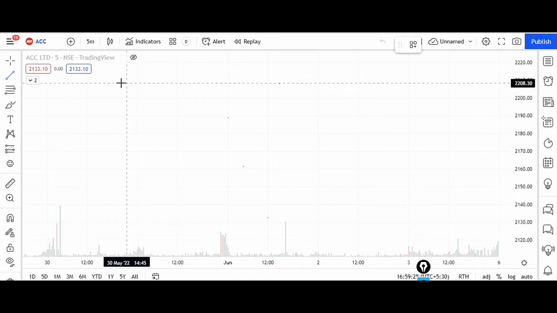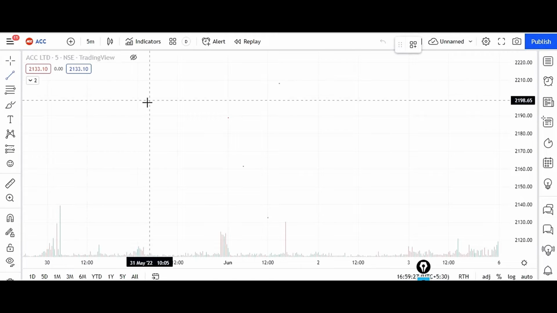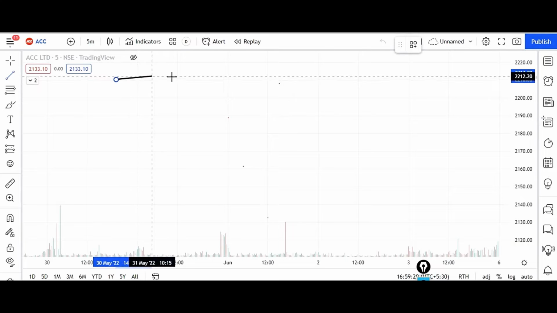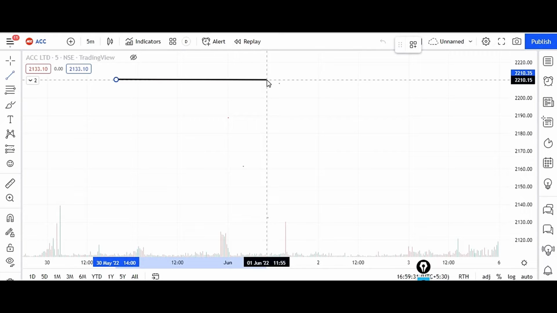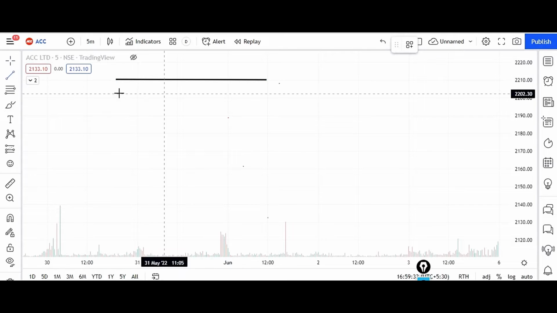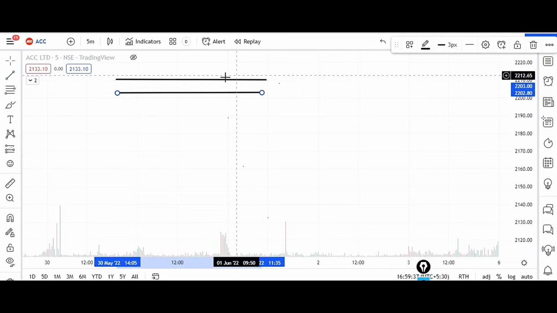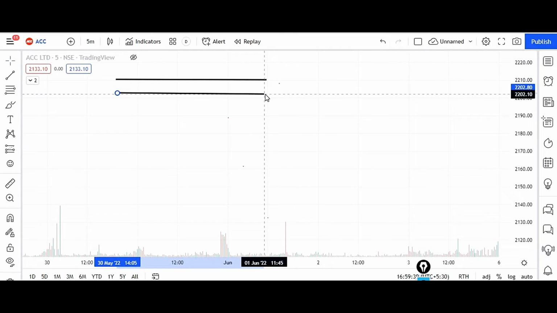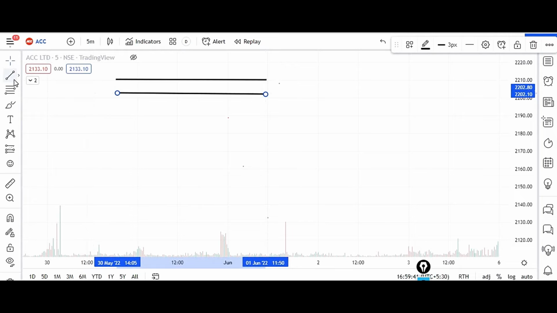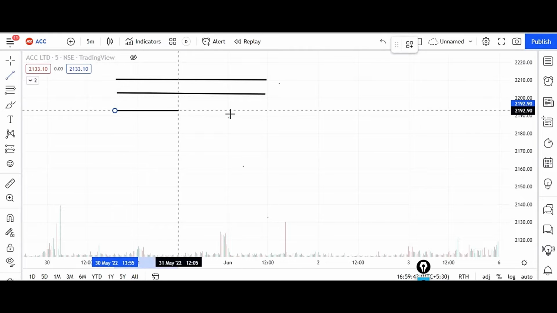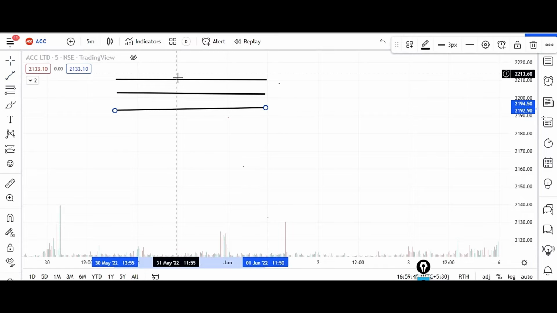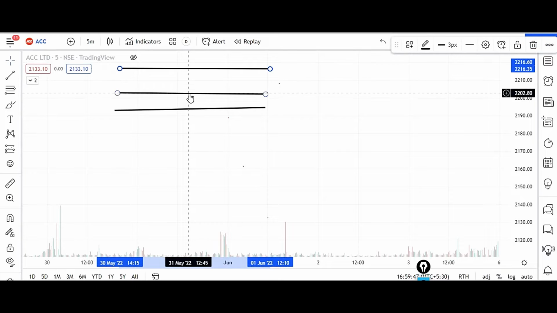There are 4 types of inside CPR patterns. The first one is, suppose this is yesterday's CPR, this is top central pivot, this is central pivot, and this is bottom central pivot. Let's move it up.